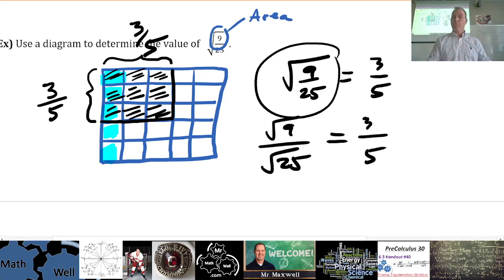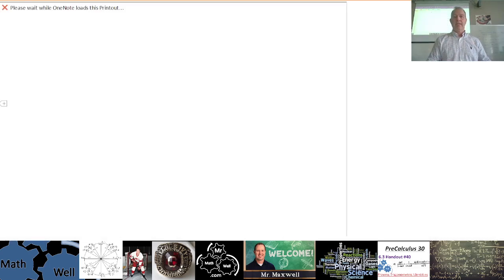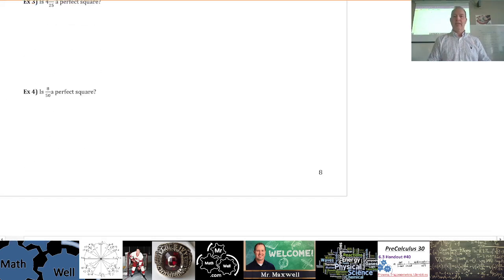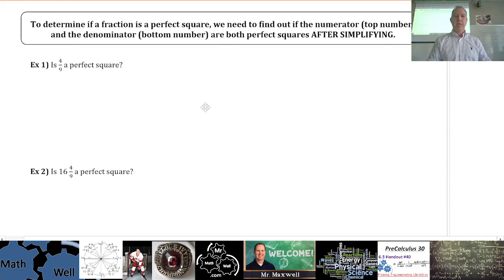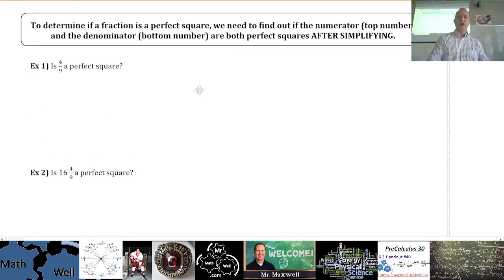All right. So knowing that, let's move to our next question, which is example 1 on page 8 here. Let me make these a little bit bigger for you. So to determine if a fraction is a perfect square, are you ready for this? This is important. We need to find out if the numerator, that's the top number, and the denominator, or the bottom number, are both perfect squares after simplifying.